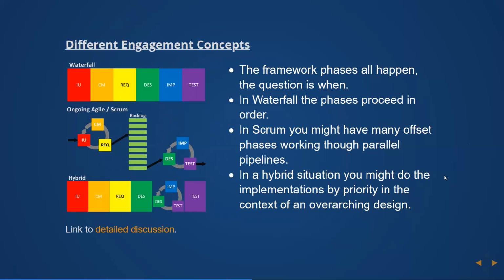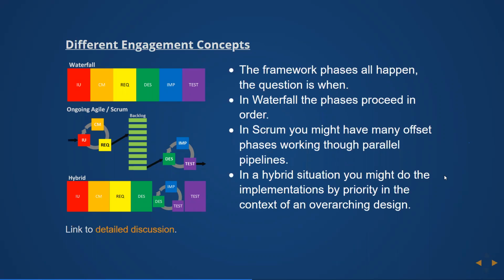Then you also have different ways of running projects. Waterfall, where in theory the steps more or less flow through one to the other. Agile and Scrum can work differently. Hybrid things can work a little bit differently.